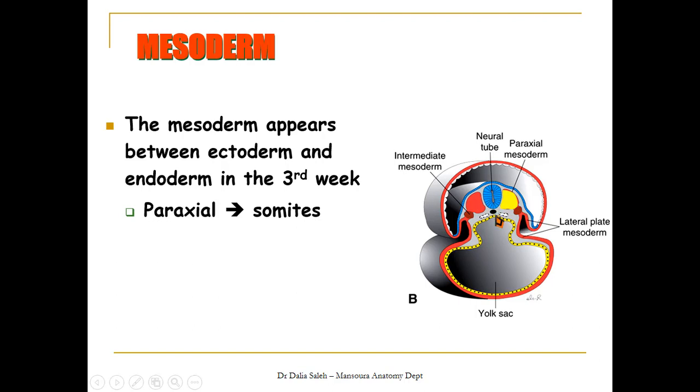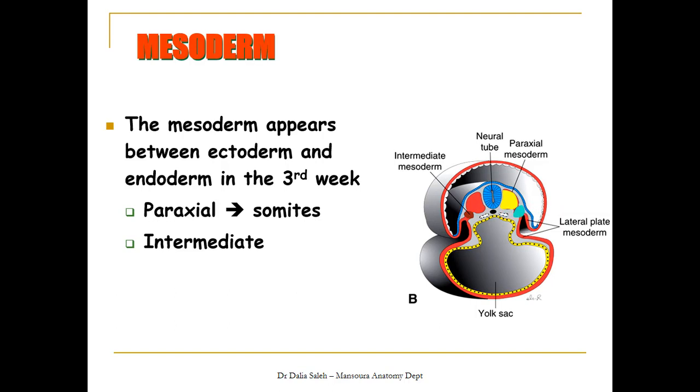The one next to the axis of the body, which is represented here by the notochord and neural tube, is the paraxial mesoderm. This paraxial mesoderm will later on be divided into blocks. We call them somites.